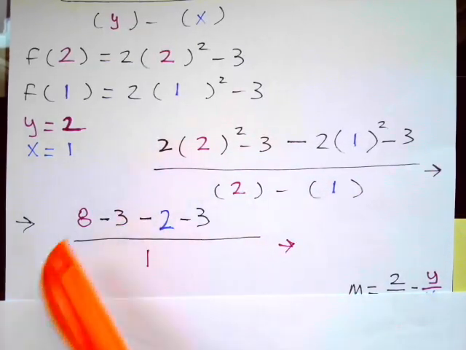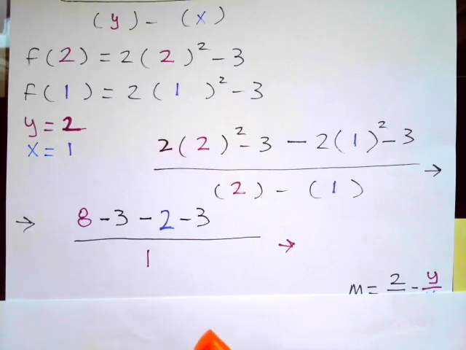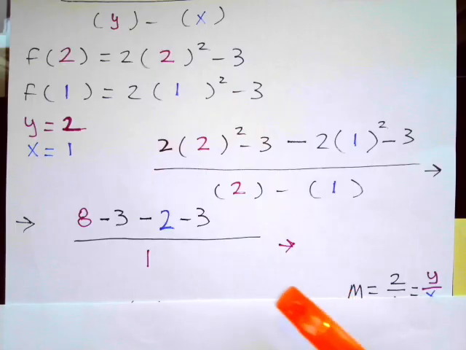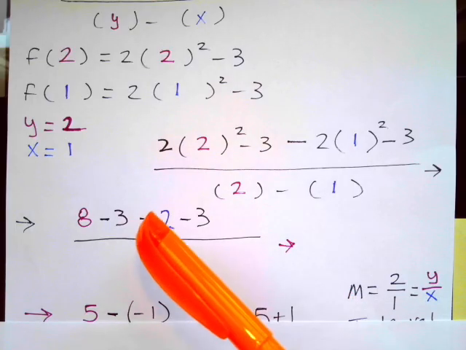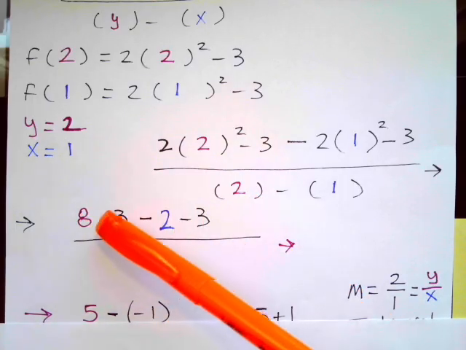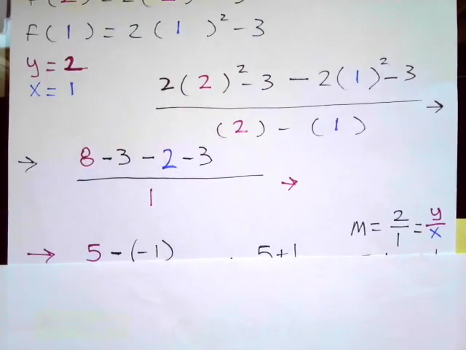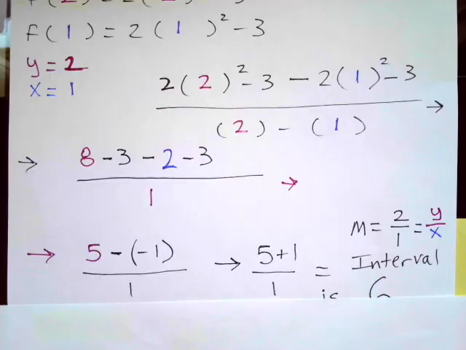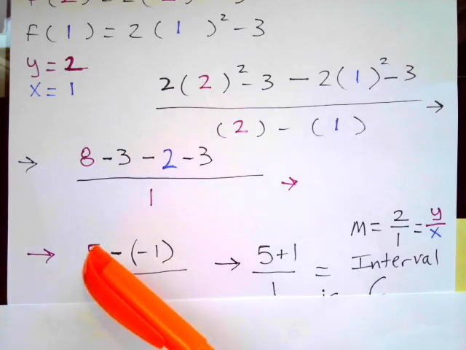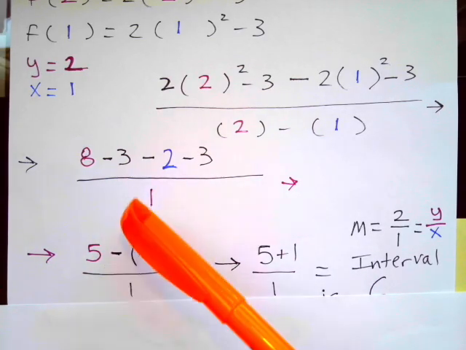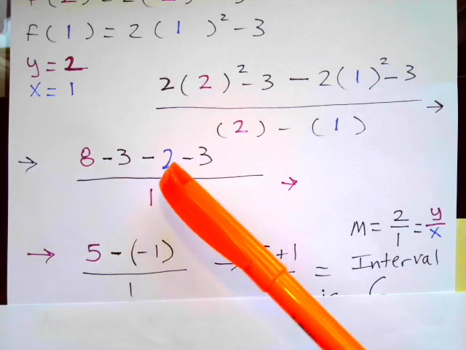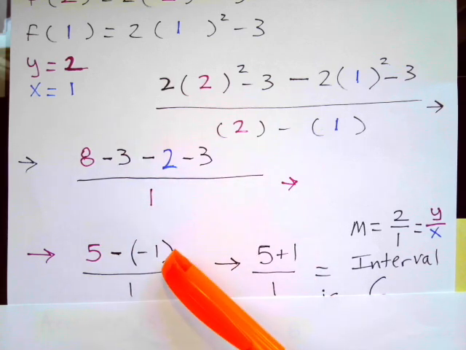Remember, the goal is interval of 6 when x is 1 and y is 2. So let's simplify this a little bit further. 8 minus 3 is 5. I bring down that minus sign. 2 minus 3 is a negative 1.